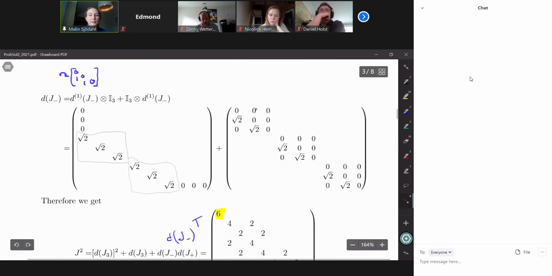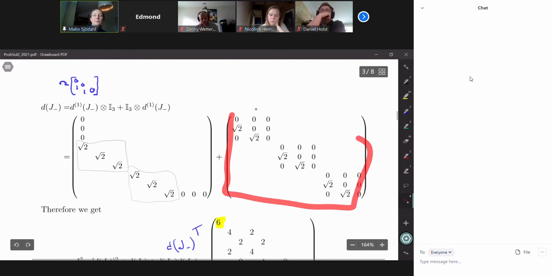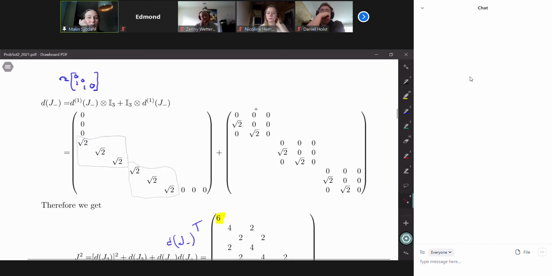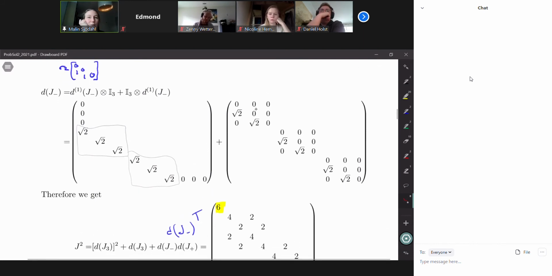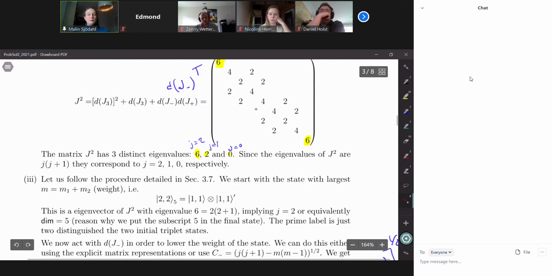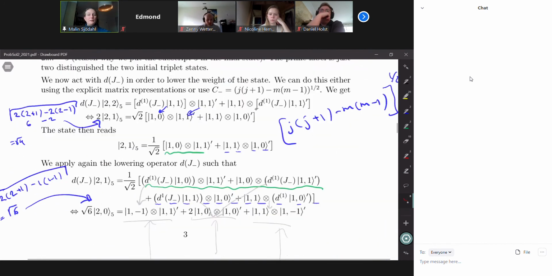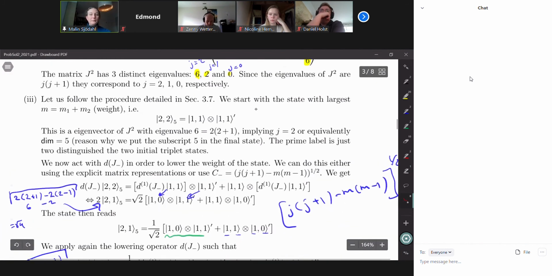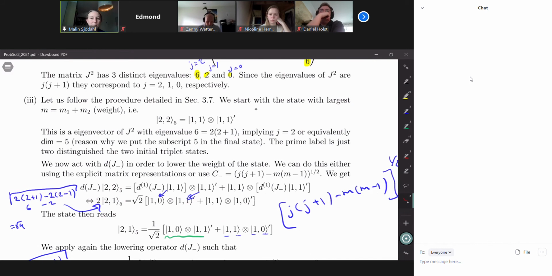We found that everywhere where it's non-zero, it's a factor of root 2. So that is nice. That makes it easier because we have an easy time remembering the factors, and the times where we get something is all the times where we get something that adds up to the correct spin. So it should not be as hard as in some other cases to act with J minus.